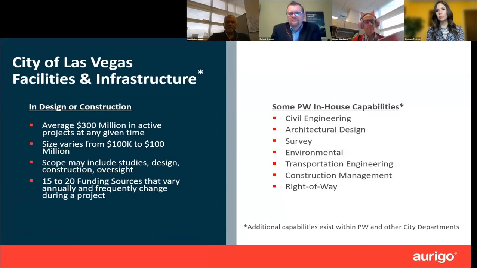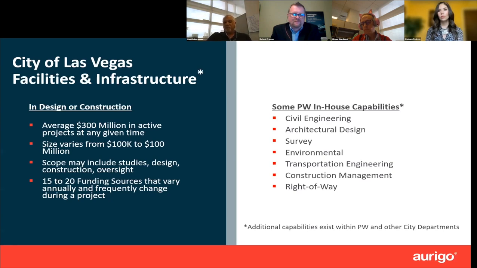At any given time, we have about $300 million of active projects, and here we said it ranges from $100,000 to $100 million. We've had projects as low as $5,000, and probably $100 million is a good cap. We have contracts that could be studies, designs, or oversight such as construction management.